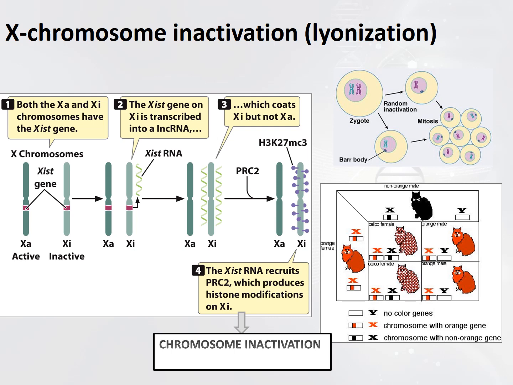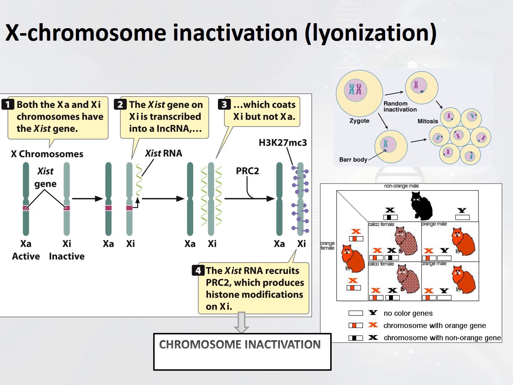So once XIST is bound to the chromosome, it recruits different proteins, specifically from the polycomb repressive complex, PRC, which again recruit histone methyltransferases, which will methylate lysines on histones and will result in full compression and shutting down of the chromosome.